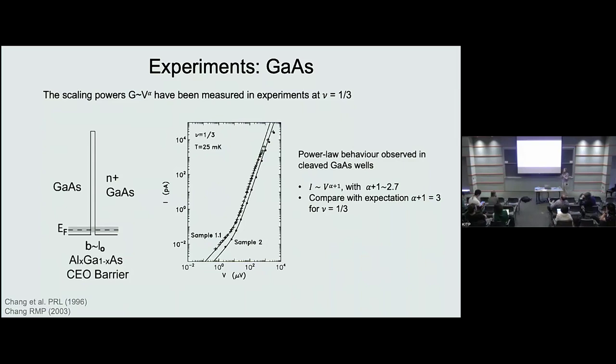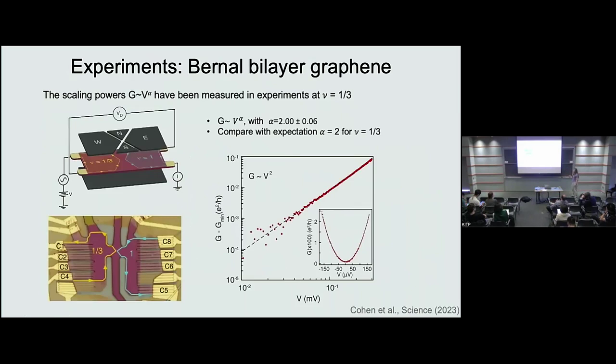Well, I don't know what's happening in this experiment. I think there's probably a lot of non-universal physics happening here. And that was why it's sort of nice that these more recent experiments do find the scaling.